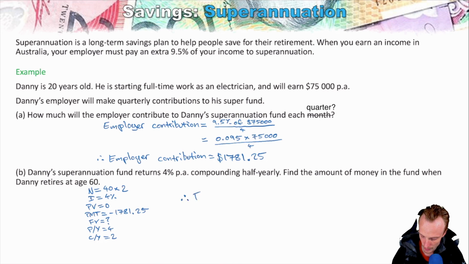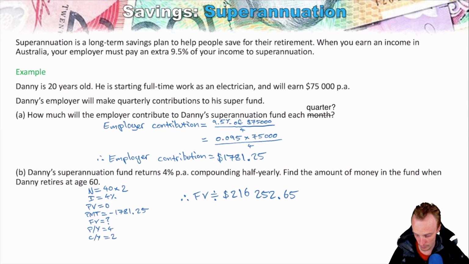So the future value here is going to be, let's put this into the calculator. So solve that. So our future value is going to be approximately $216,252.65.